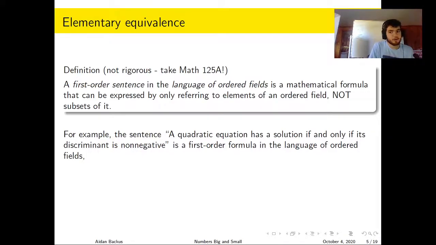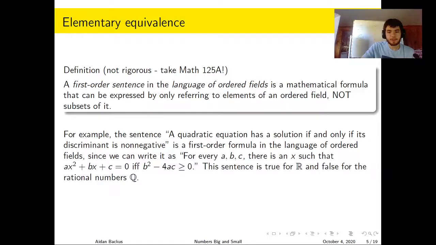An example of a maybe more complicated first order sentence is the sentence, a quadratic equation has a solution if and only if its discriminant is non-negative. Why? Because that sentence formally means, if you expand out all the definitions, for every triple of numbers a, b, c, there is a number x such that ax squared plus bx plus c equals 0 if and only if b squared minus 4ac is greater than or equal to 0.